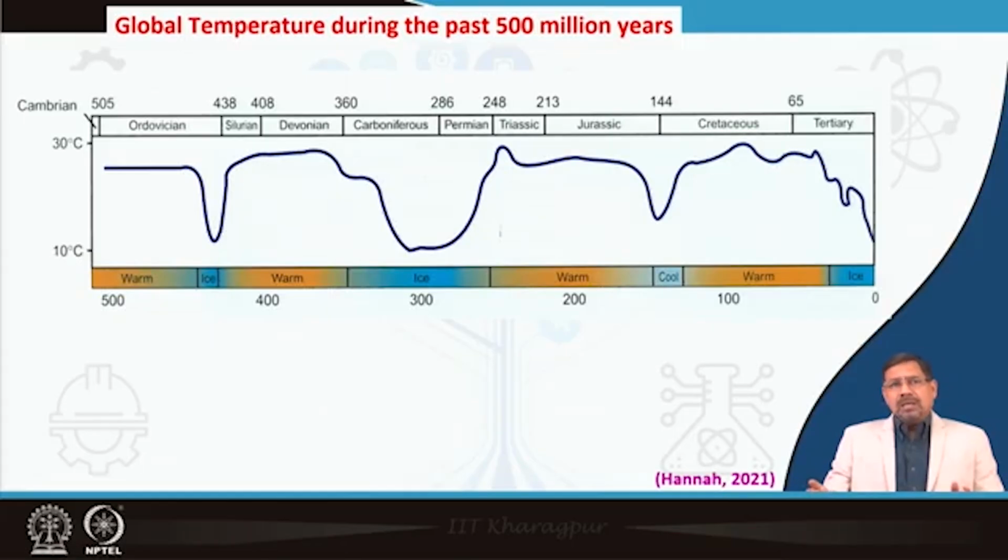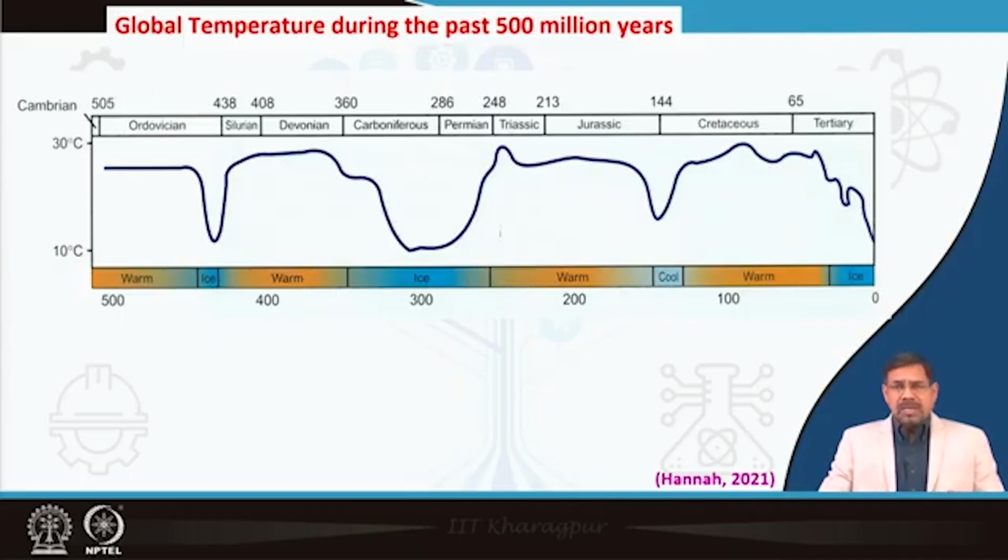If we mark on the upper side of the x axis the 505 million year Cambrian era, and then all these geological eras, it clearly indicates that Earth's average temperature has fluctuated between 10 and 30 degrees more than 4 times.